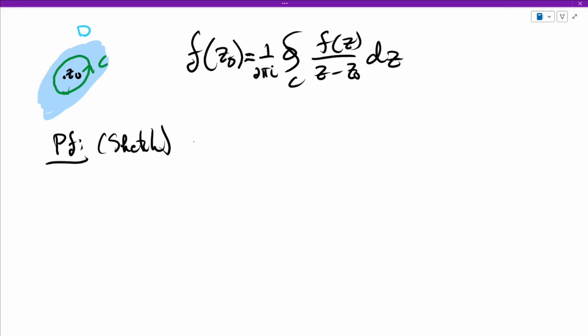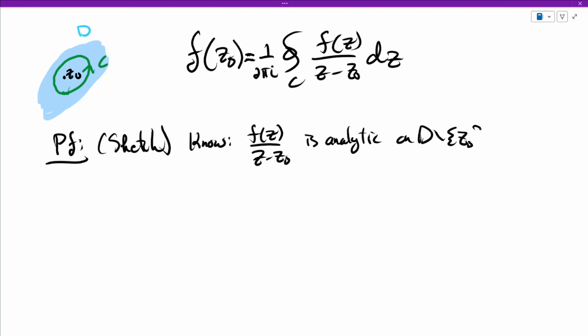So we know that in this situation, f of z is analytic, and z minus z naught is analytic away from 0. So this is analytic on D less this point z naught. So that's great.